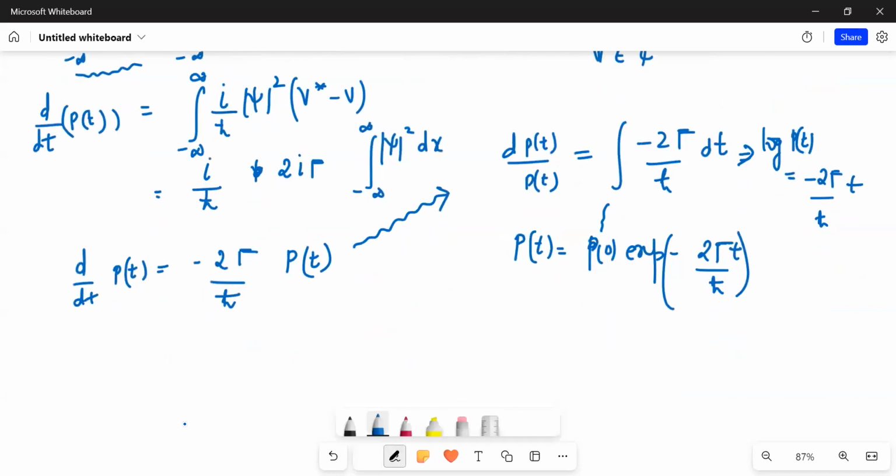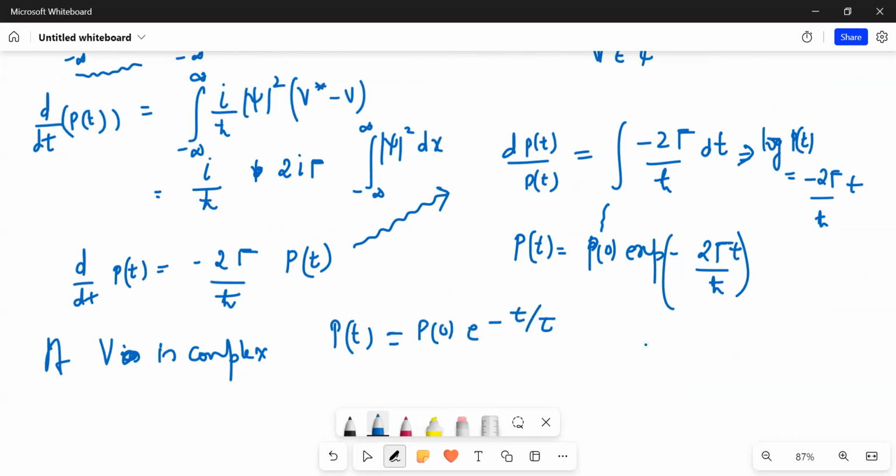So now if I use my V, if V is complex, then probability no longer remains conserved. Rather, it becomes a function of time. Is that clear or not? So please do remember, in the cases of unstable particles, or in the case where your potential in general is a complex valued function, the probability is not going to remain conserved.